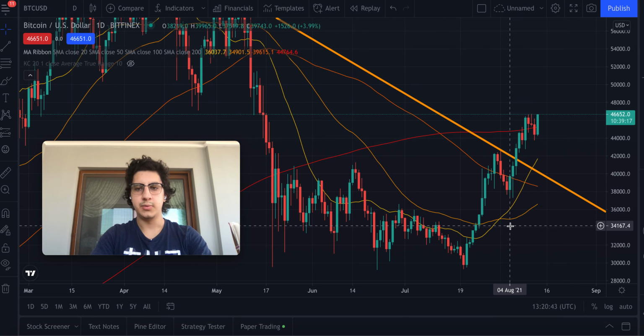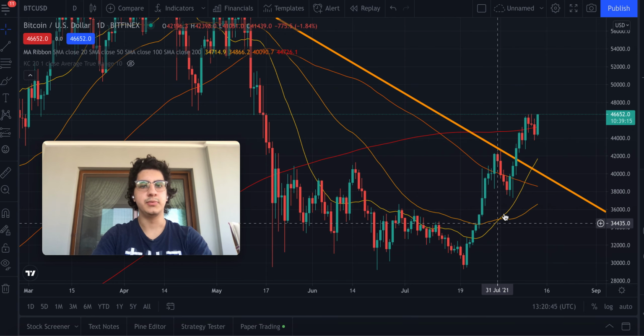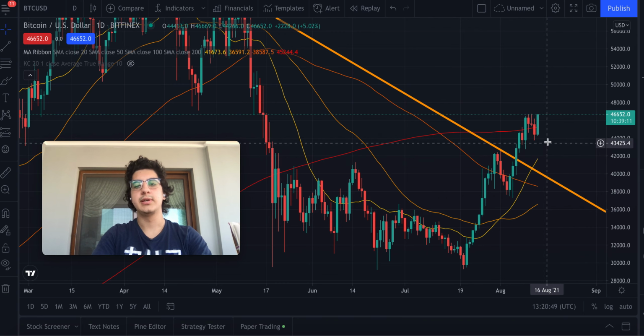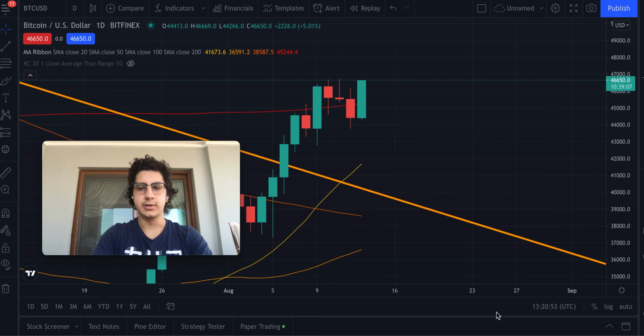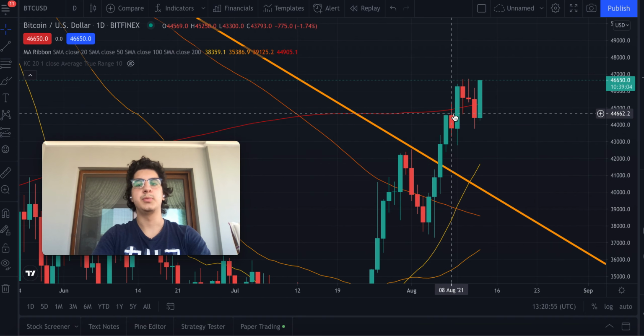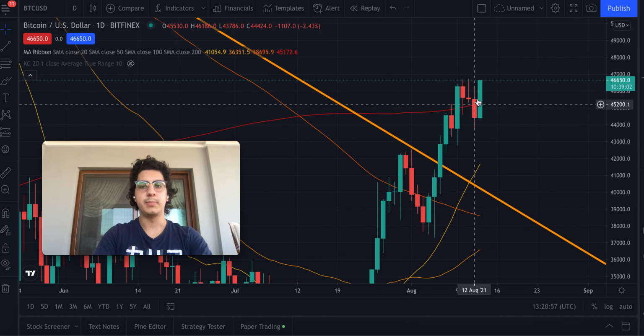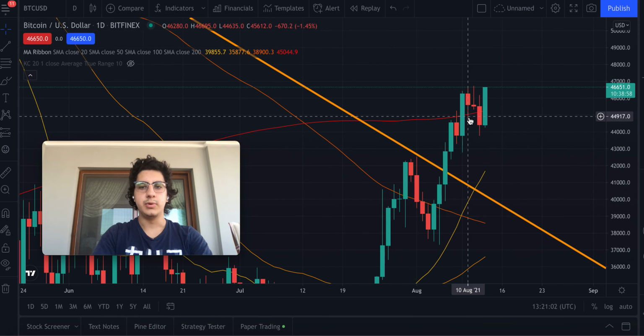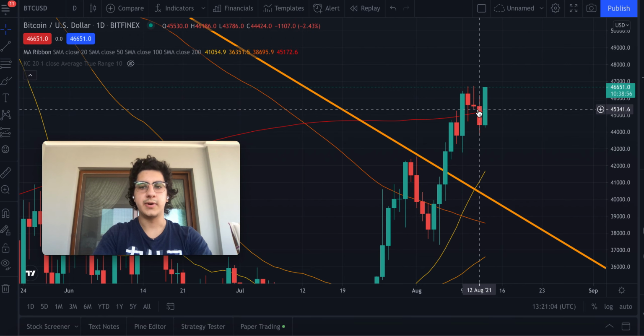So we had the 20-day one passing the 50-day simple moving average, and now even passing the 100-day moving average, but it still hasn't passed the 200-day moving average. Historically, through technical analysis, when we see the price pass the 200-day moving average, we see a movement to the top again. Although we passed it, we also found a bit of support on it.